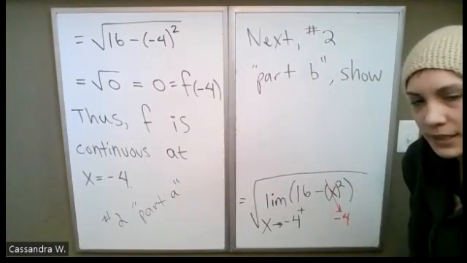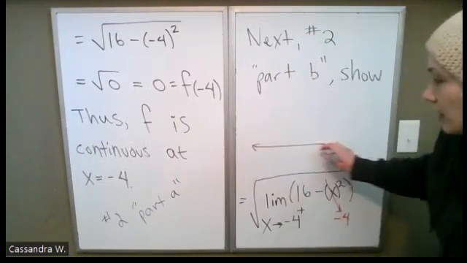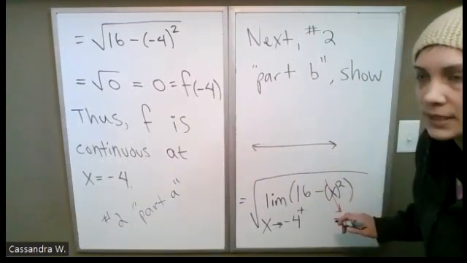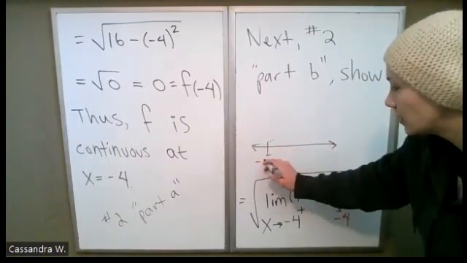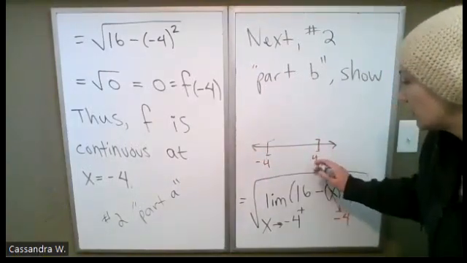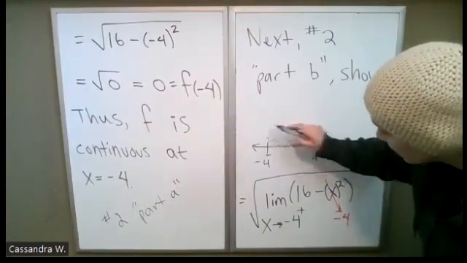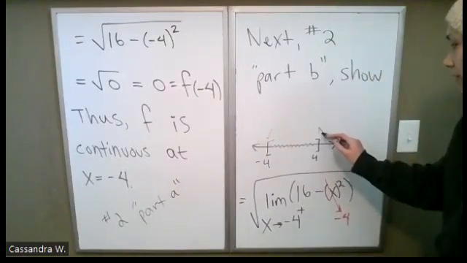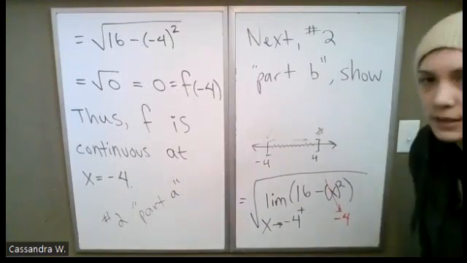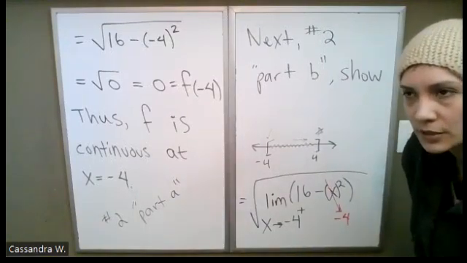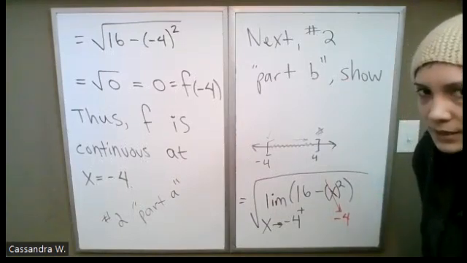I need a picture really quick to think about what we need to show. So we're trying to prove that f is continuous on its domain. The domain goes from -4 to +4. We did the open interval, this part. We did this side, check. We're doing this side now. And we need to go to 4 this way. Sometimes it's important, the direction you're going to your endpoint at. This function's not crazy, but still.